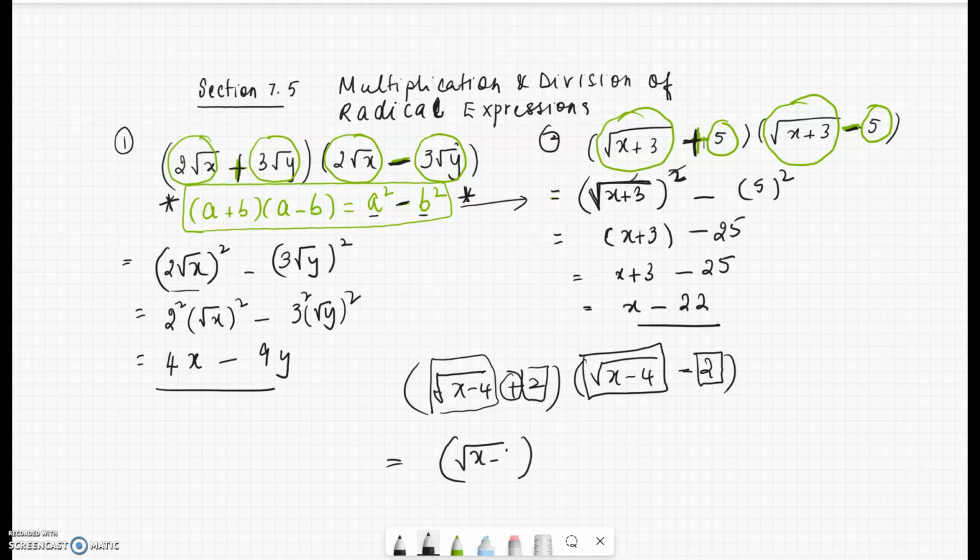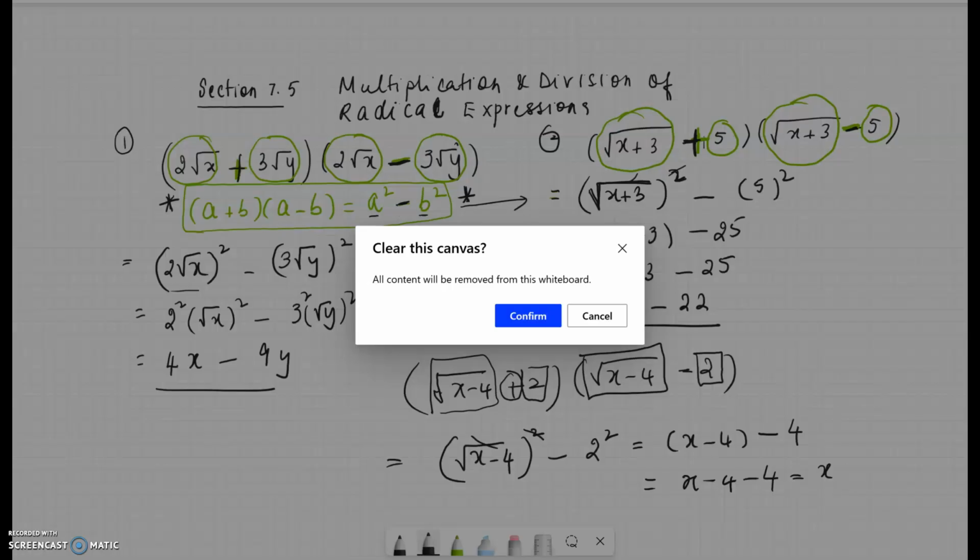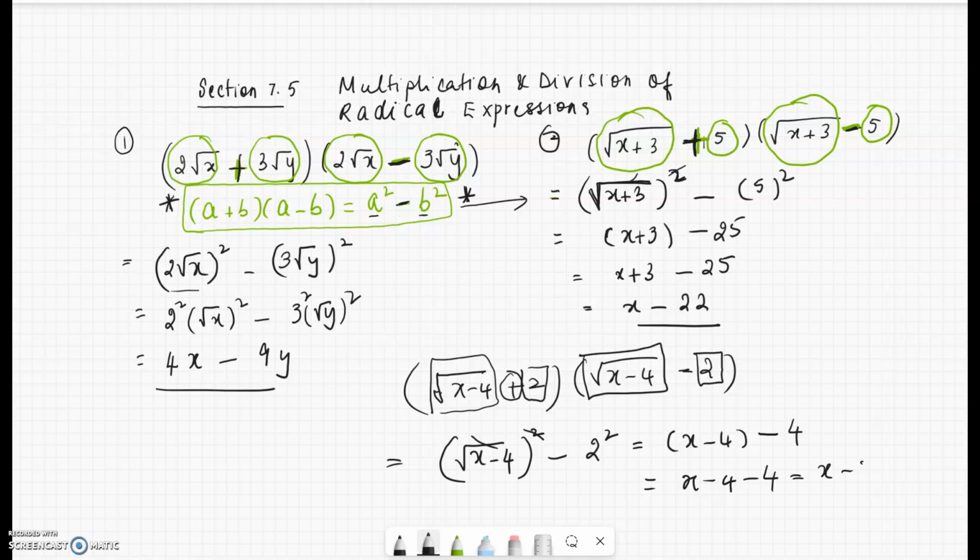So the first term is radical x minus 4, square it, minus square the second. So this is equal to x minus 4, because the radical sign cancels with the 2, and minus 4. So this becomes 2 squared is 4. So it's x minus 4 minus 4, which is equal to x minus 8.